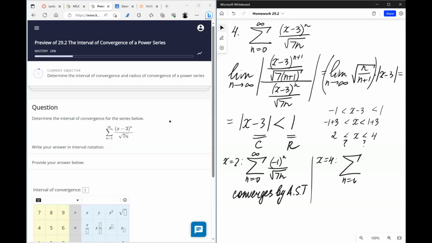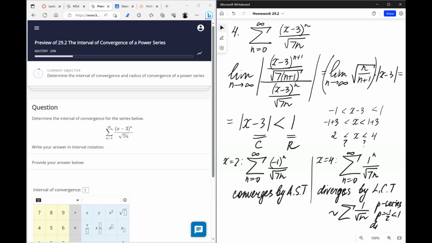On the other hand, when x is equal to 4, we have 1 to the power n over square root of 7n. This series diverges by the limit comparison test, and we're going to compare it with this, which is a p series with p equals 1/2, which is less than 1, so it diverges.